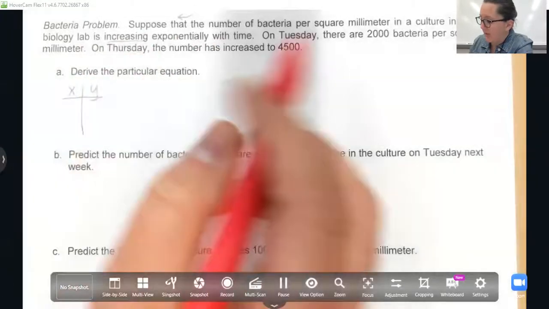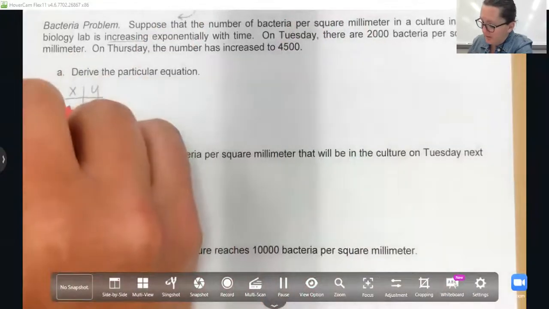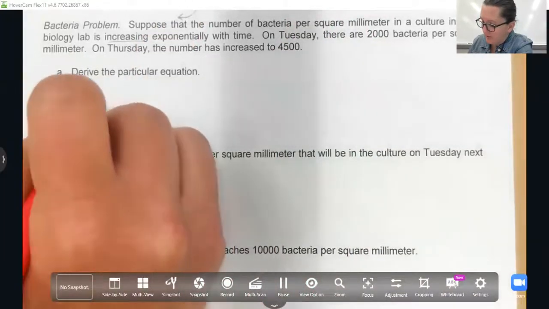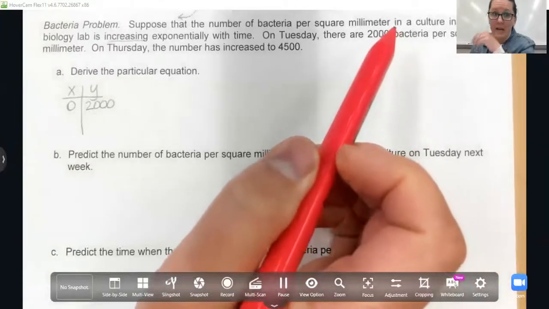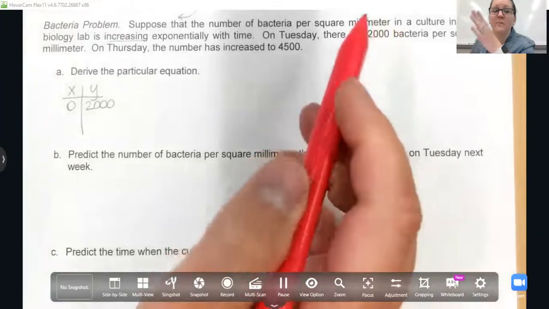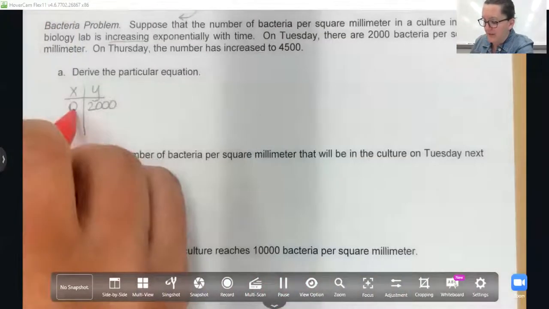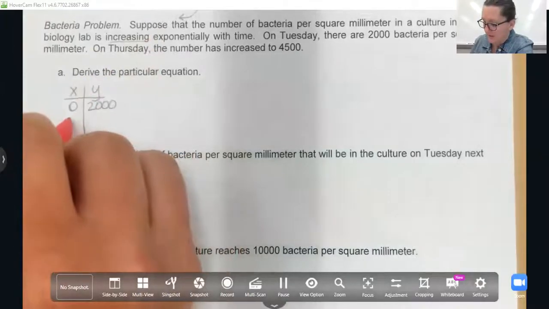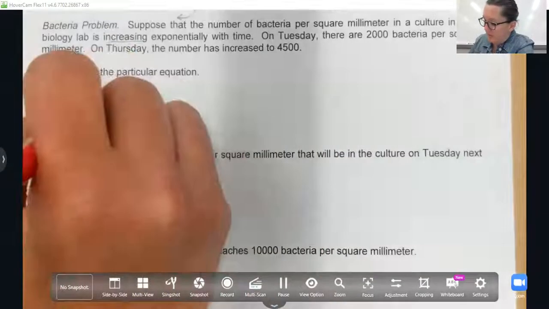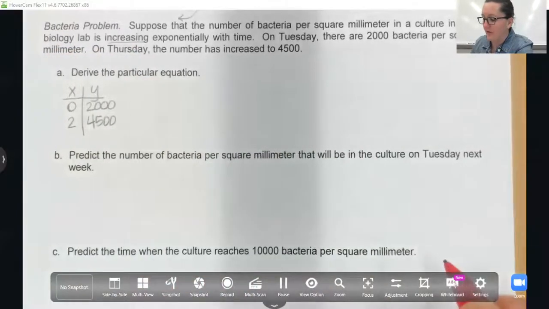If its initial number is 2,000, that means at day 0, it's 2,000. It looks like we're going by days because we started on Tuesday and now we're going to Thursday. If Tuesday is day 0, Wednesday is the first day, and Thursday is the second day, it's going to be 4,500 here.